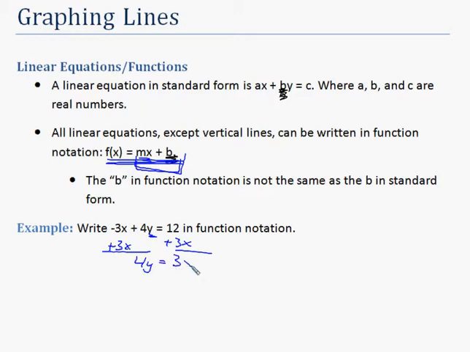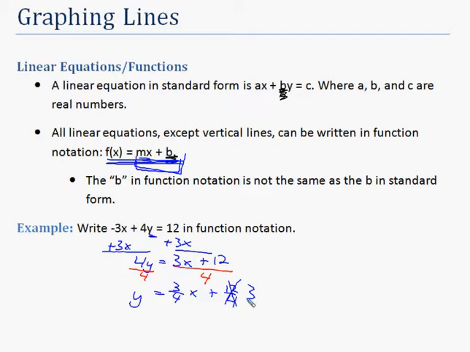equals 3x plus 12, and then to get y by itself, I'm going to divide both sides by 4, and I'll do this in 2 steps here, but as we work through we won't have to do this because we'll realize what happens. 4 here is a common denominator of this whole thing, 3x plus 12. So we really can split this up. We can have 3/4 x plus 12/4, and we know 12/4 is 3.